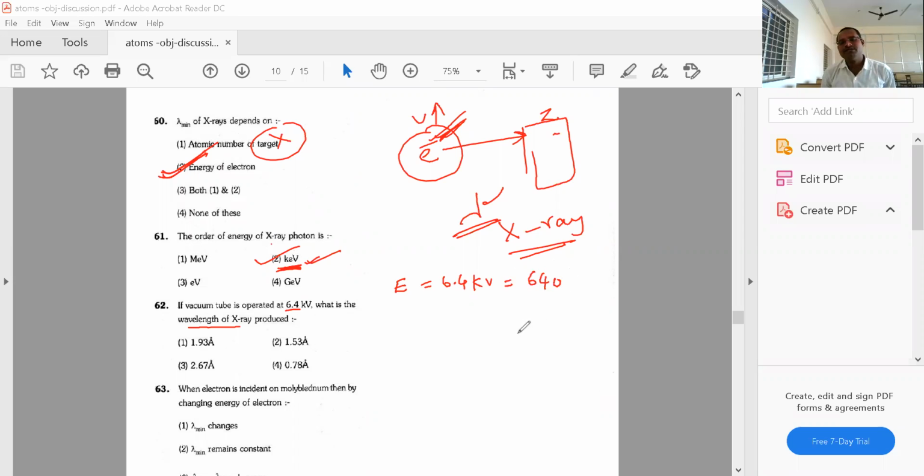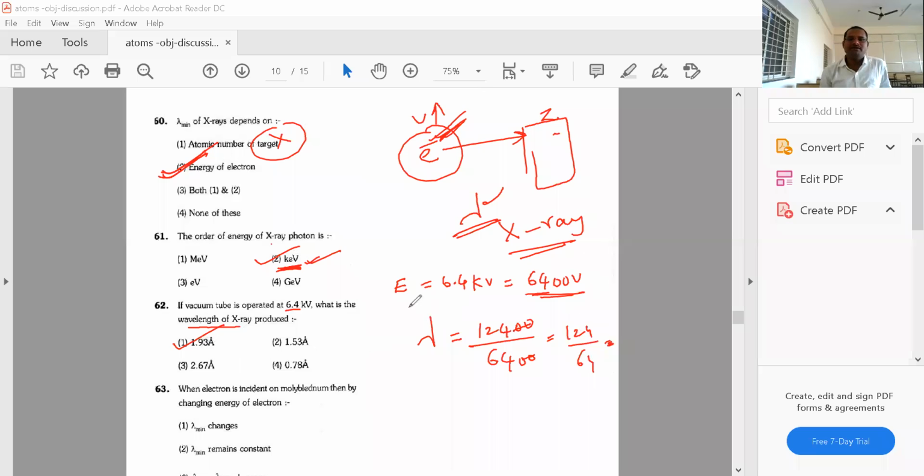If you do these calculations, you will get 124 upon 64, which comes out to be 1.93 angstrom. So 1.93 is the right answer. Do these calculations and you will get the answer.